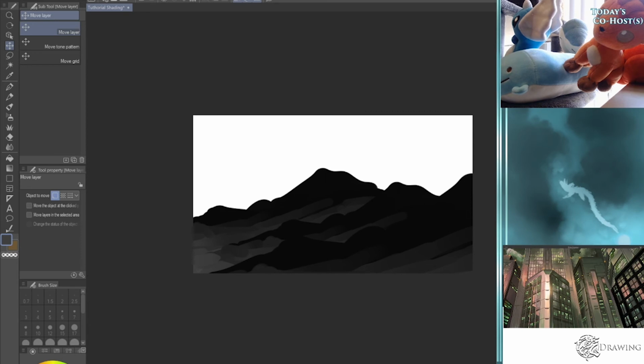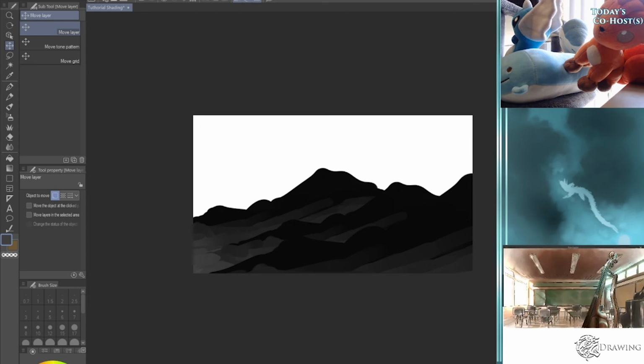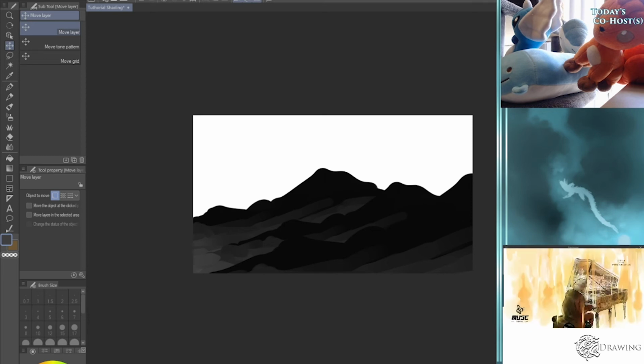If you have 3 layers of mountain, which is going to be the darkest? The closest one or the farthest one?